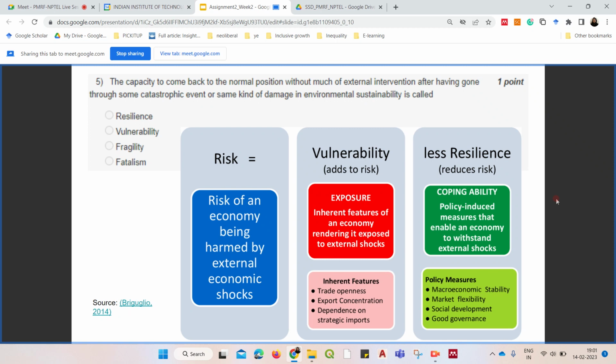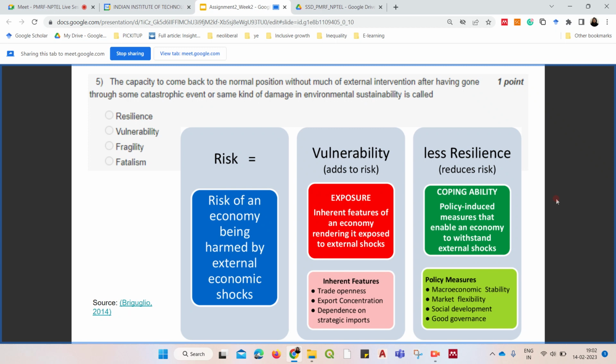Then comes resilience. So resilience is defined by two things. First is the coping. So policy measures is an example. Resilience is defined by the coping ability of that system.